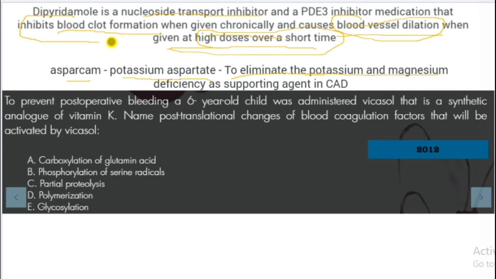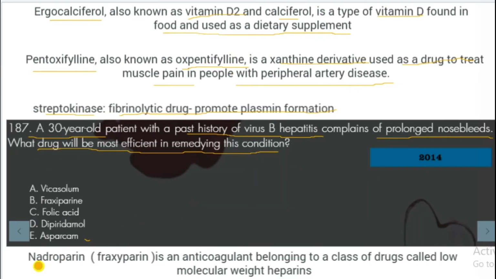It can inhibit blood clot formation when given chronically. Nadroparin or fraxiparin is an anticoagulant that belongs to the class of low molecular weight heparins. The antidote for heparin is protamine sulfate.